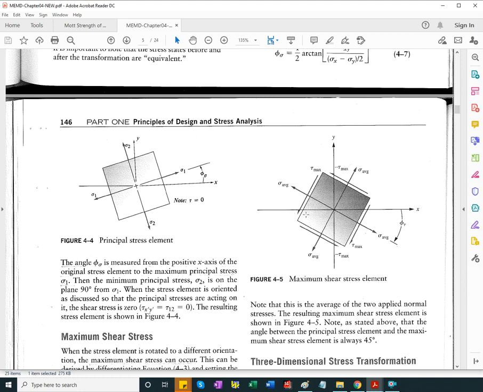And then secondly, another property of the maximum shear stress element is that the normal stresses are equal in magnitude and equal to the average stress.